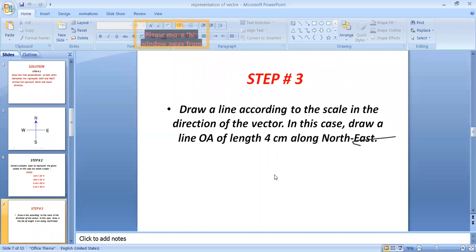Draw a line OA of length 4 centimeter along the northeast. Northeast is the given direction.